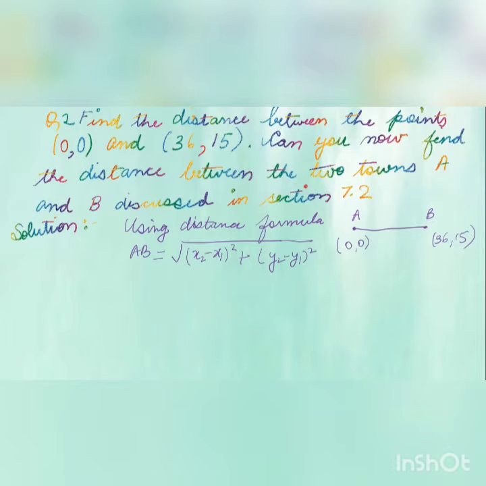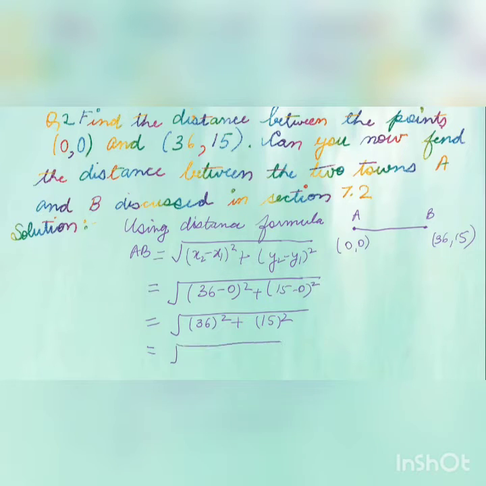Now it is given 36 minus 0 square plus 15 minus 0 square. So it will be under root 36 whole square plus 15 whole square. So just multiply it, 36 into 36 is 1296, plus 15 into 15 is 225.